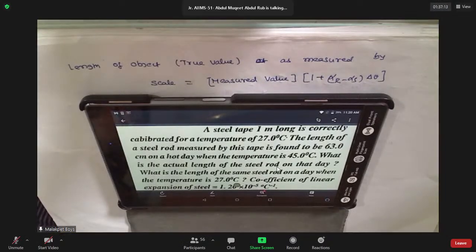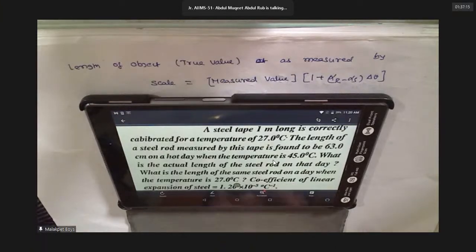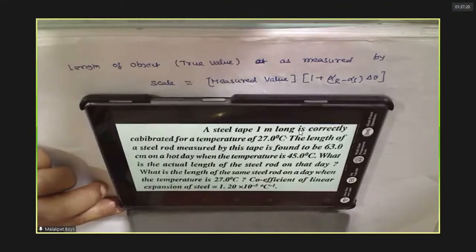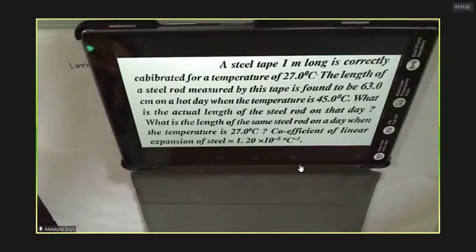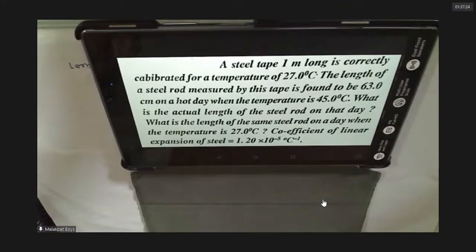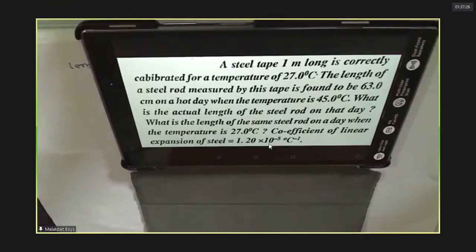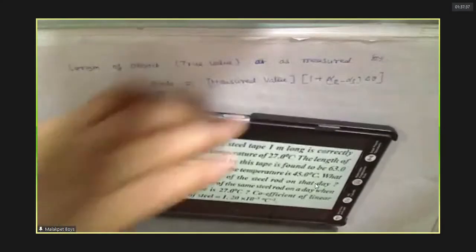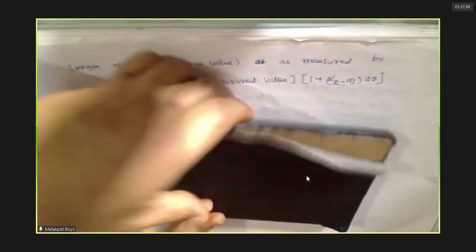Sir, that is 1.26, right? Linear expansion of steel. Here. 1.2 into 10 power minus 5. Visible now? Yes, sir. Visible now. Completed, sir. Right. One minute.